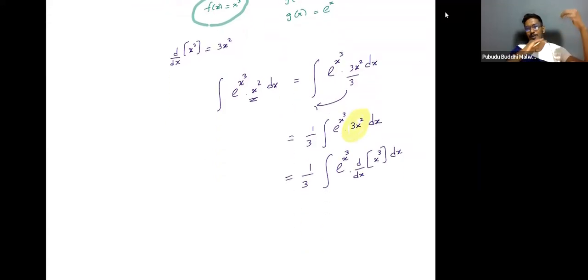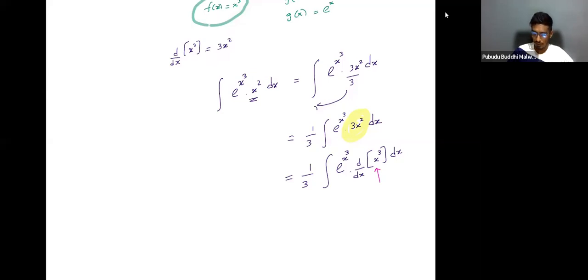Please compare those forms that I built for all the functions. Then you will be able to identify that form, and in upcoming questions you can create that form. That way you can identify the substitution. So clearly, x to the power of 3 is the appropriate substitution.